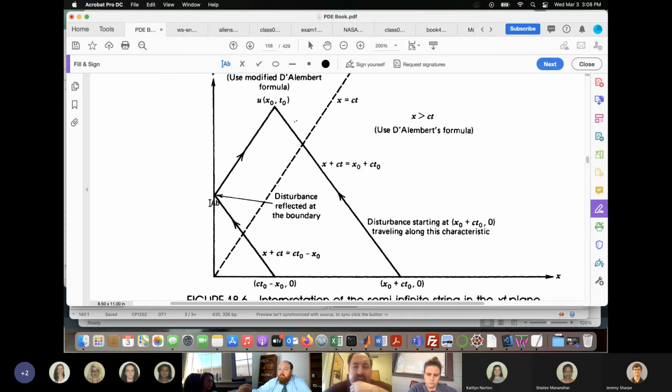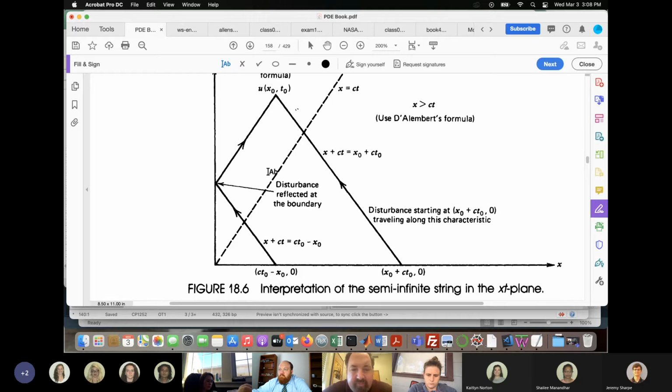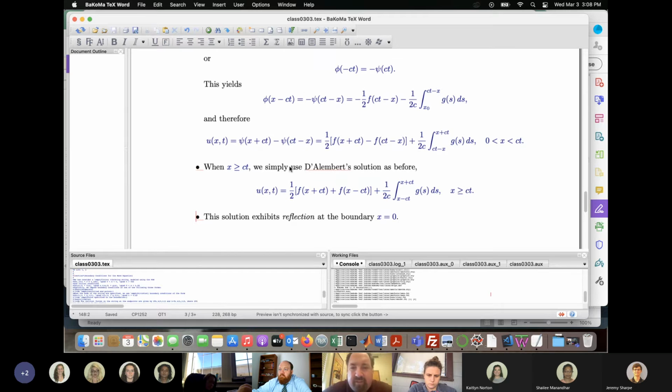It hits the boundary and reflects back. So that's the effect of this boundary condition. Okay, so questions about how this formula was obtained.